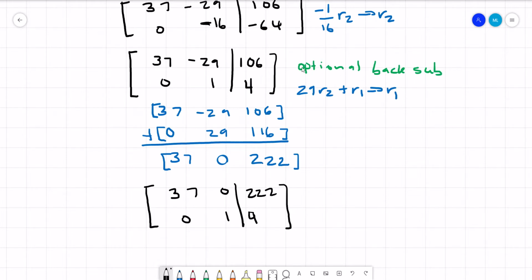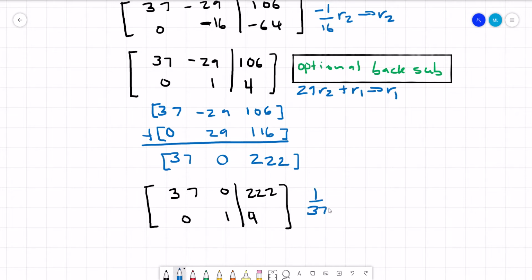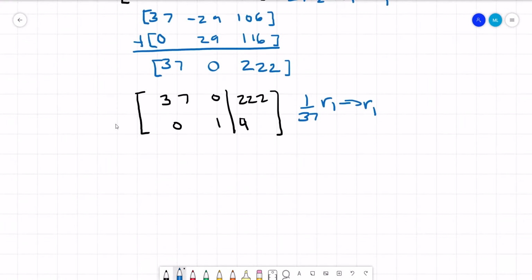Again, you can still use the optional back substitution because we know what y is, so we can find what x is equal to. Okay, so the last thing that we just need to do is to take 1 over 37 multiplied by row 1, and that's going to give you a new row 1. Okay, so that's not too bad.